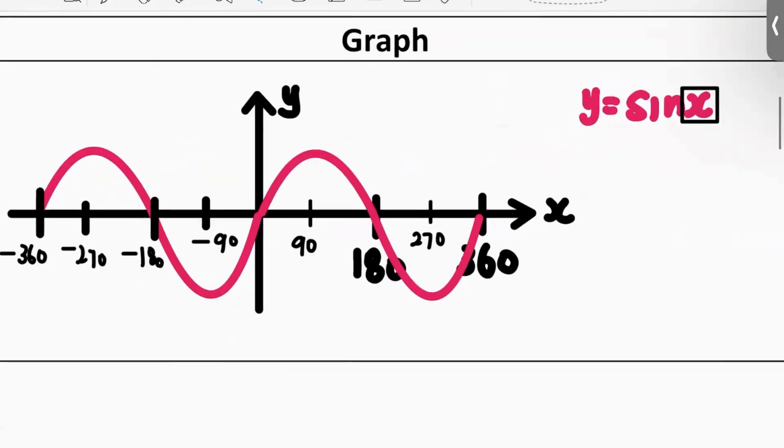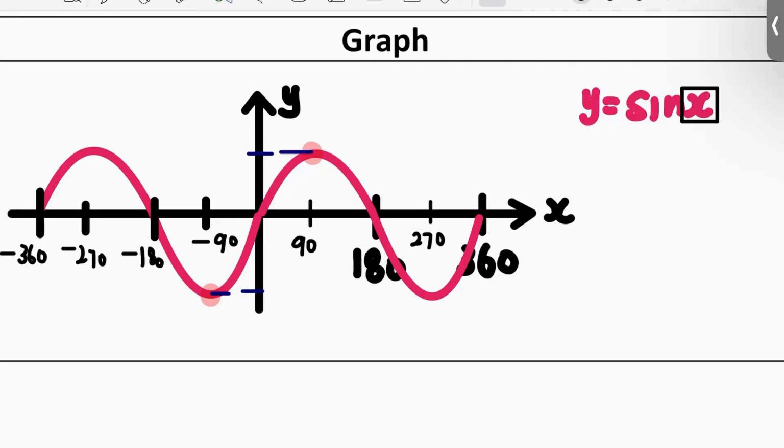For sine, we look at the positive and negative, and we just look at what the minimum value should be and what the maximum value should be. So all you need to do is read off: your minimum value is -1, your maximum value is 1.